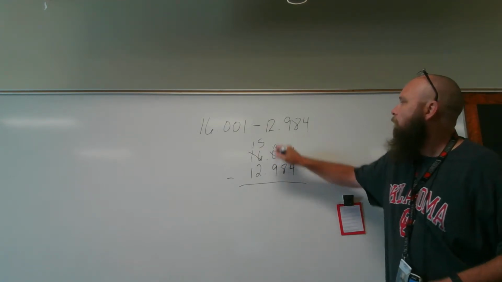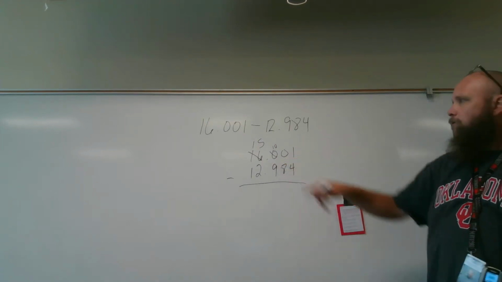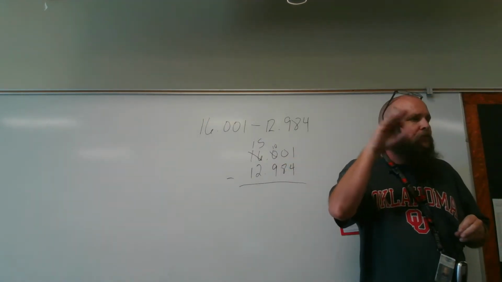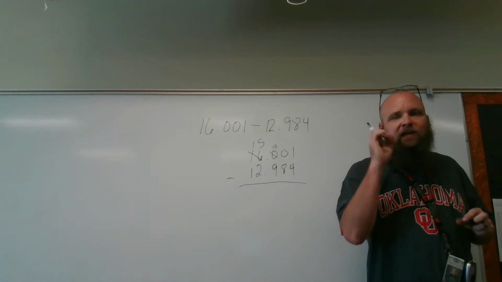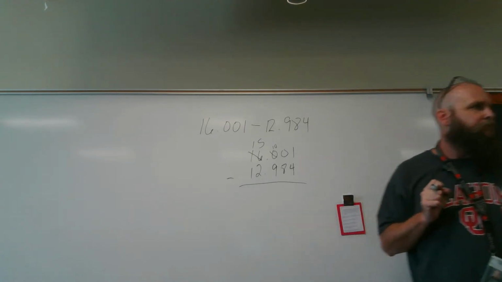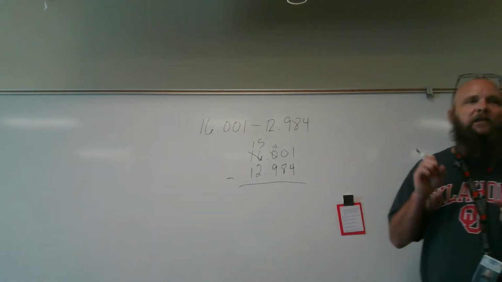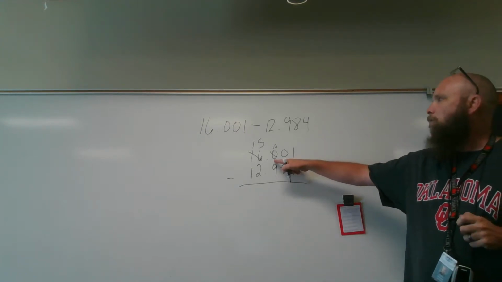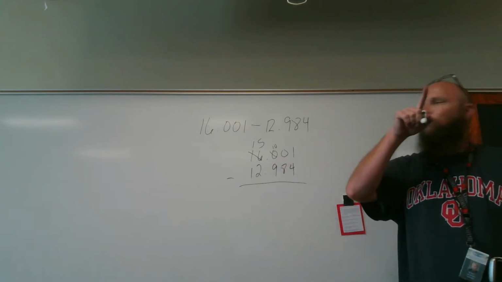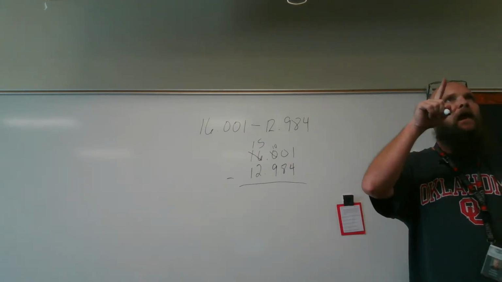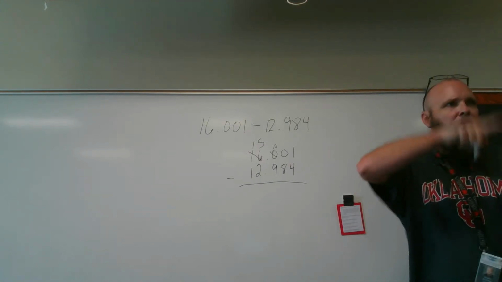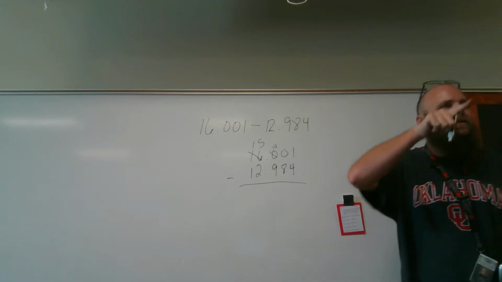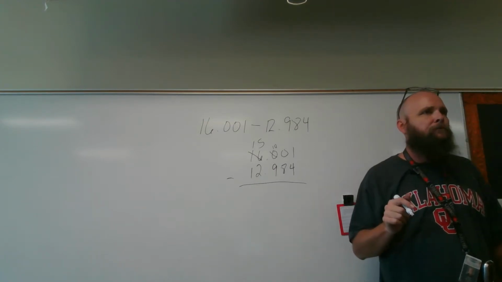But I still have to borrow. So now I have my 10 tenths. Each tenth has how many little squares in it? 10. Each of the columns has 10 squares in the column.